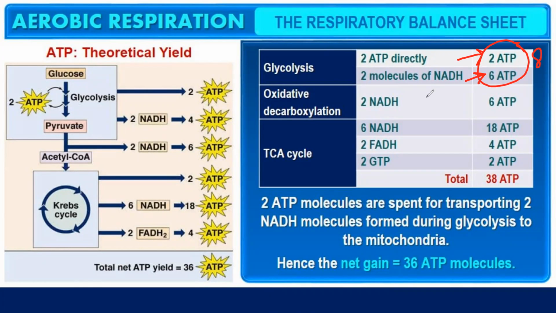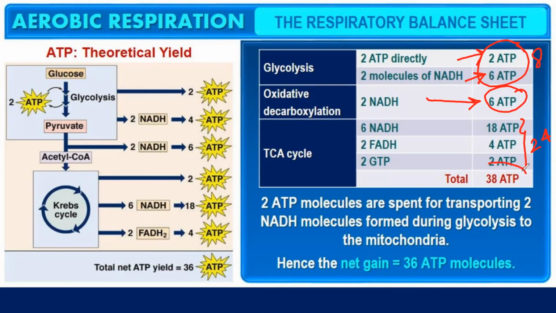From conversion of pyruvate to acetyl-CoA, 6 molecules of ATP are synthesized. And in the entire TCA cycle, 18, 4 and 2, total 24 molecules of ATP are synthesized.